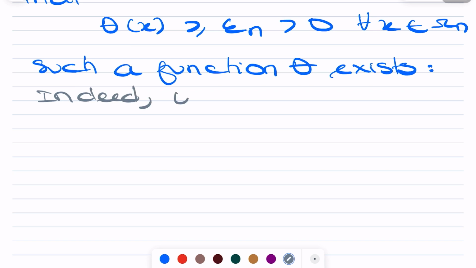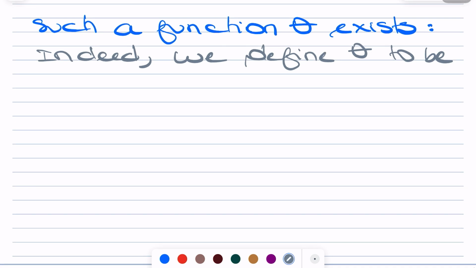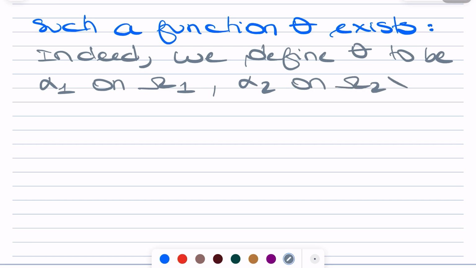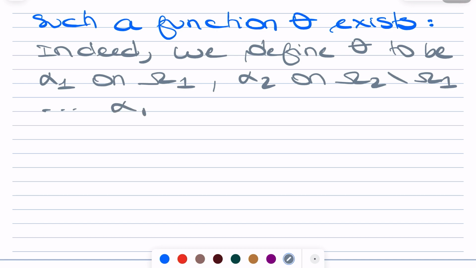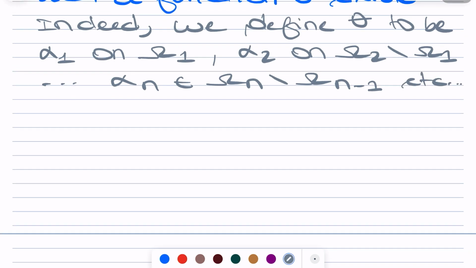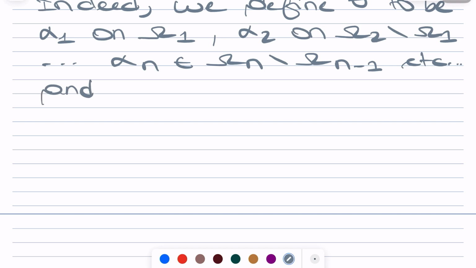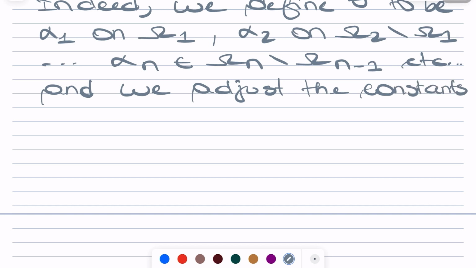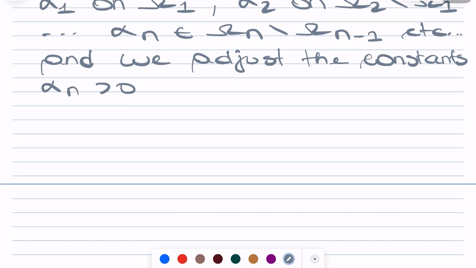We define theta to be alpha 1 on omega 1, and then alpha 2 on omega 2 minus omega 1, and so on, alpha n on omega n minus omega n minus 1, etc. And we adjust the positive constants alpha n in such a way that theta is co-integrable.